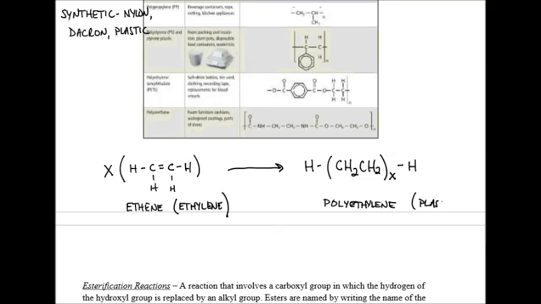Which is a form of plastic. So in polymerization, monomers are joined together, are bonded to form polymers.